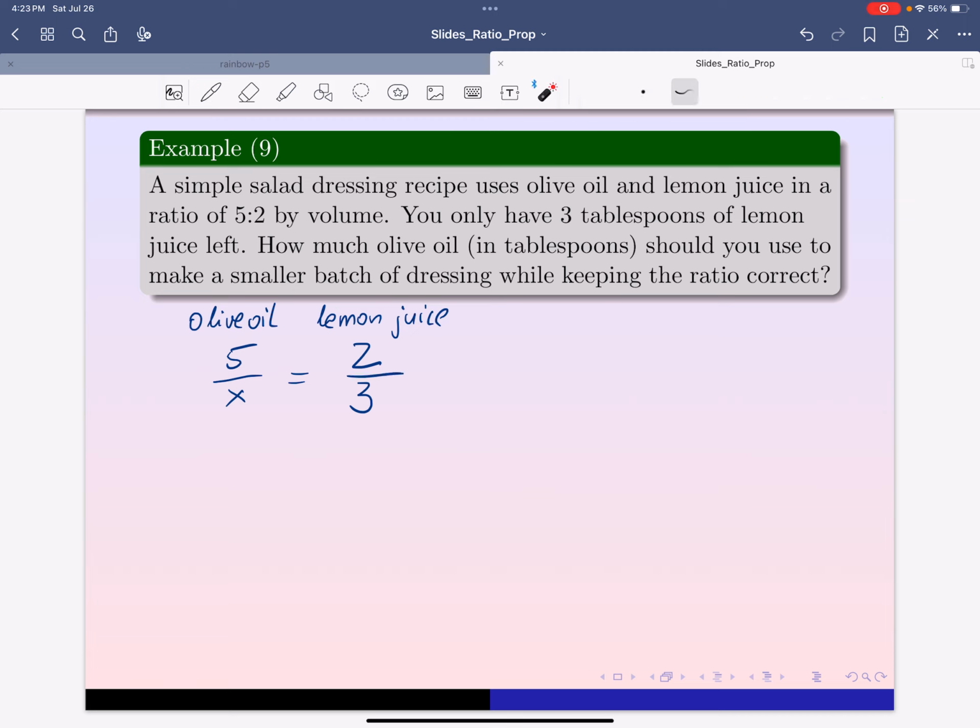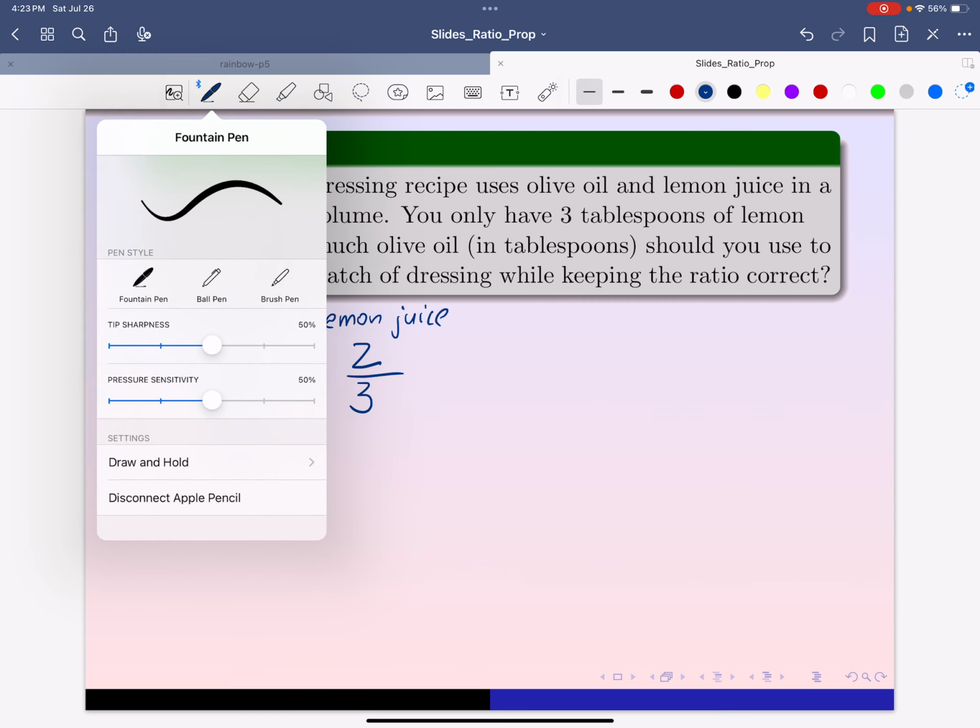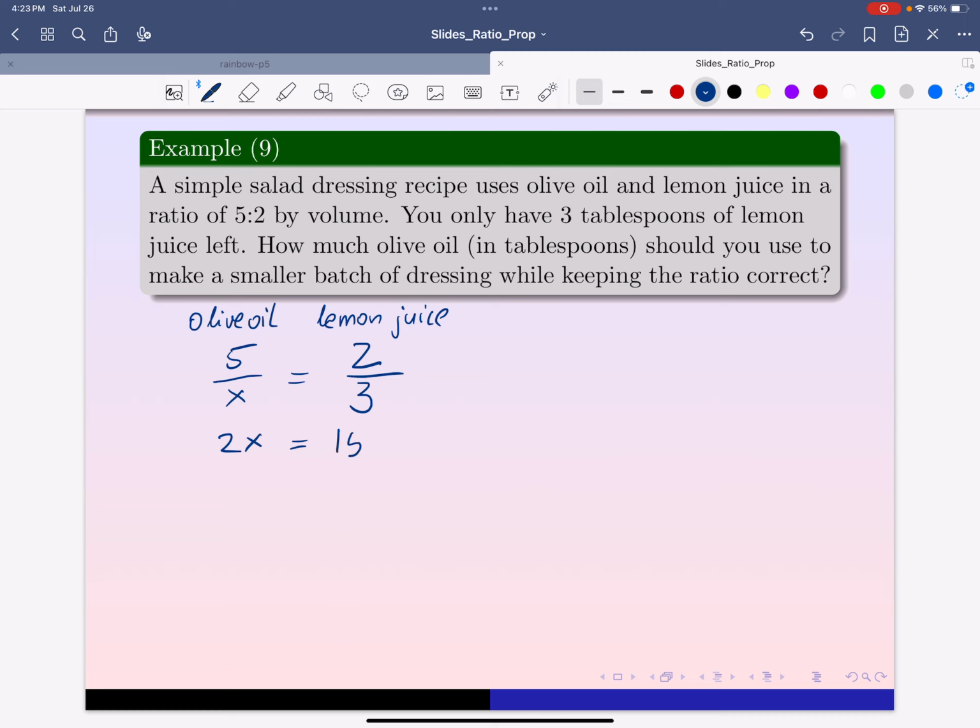And we can use the proportion: x times 2 is equal to 5 times 3. x times 2 is 2x, equal to 5 times 3, which is 15. So to solve it, we will divide by 2, so this cancels out.